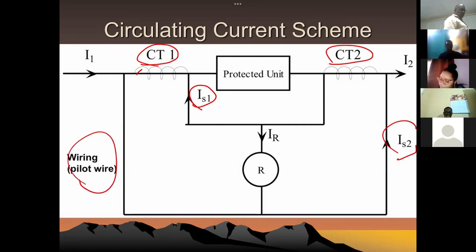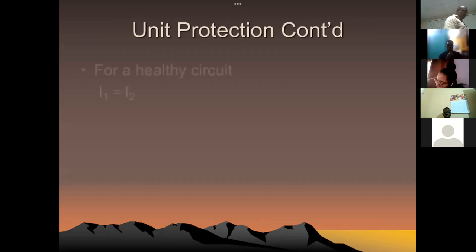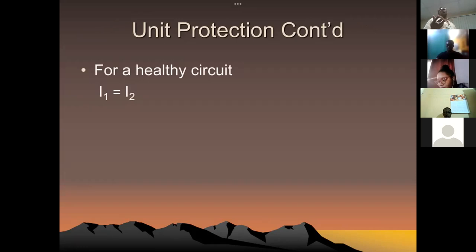All right. So for a healthy circuit, meaning there's nothing happening within your system, I1 equals I2, assuming that the CTs are identical. Of course, this is true if the current on either side should be the same. In terms of the bus bar and your generator, the currents on either side should be the same. But in terms of your transformer, that's not the case.